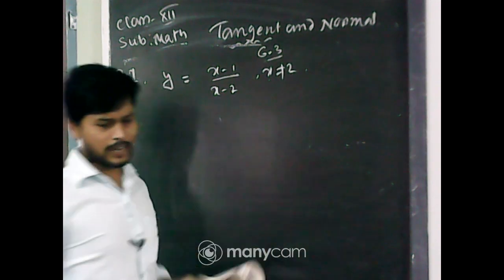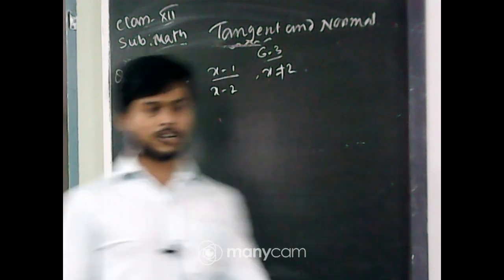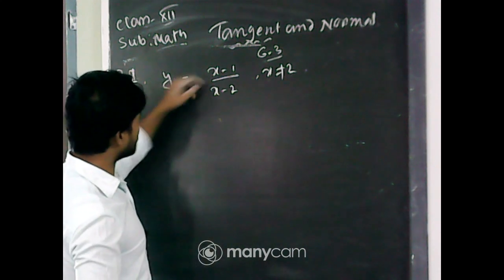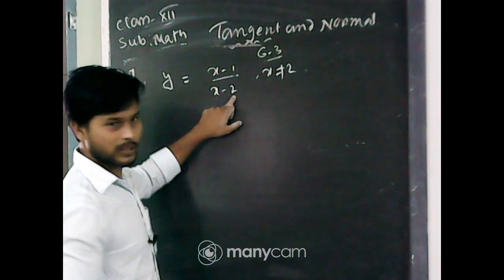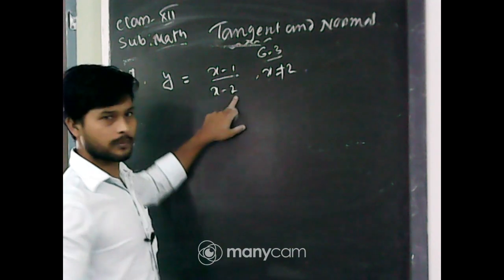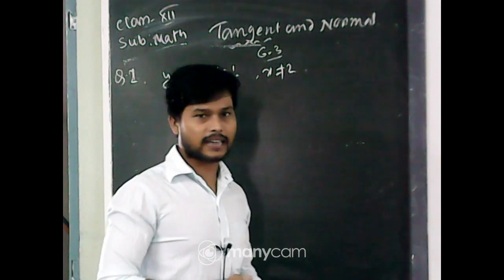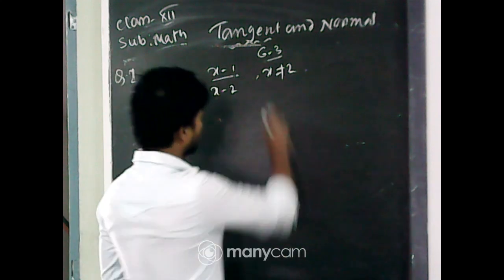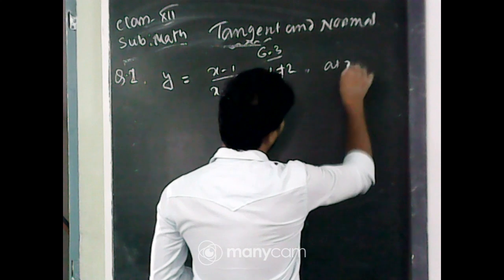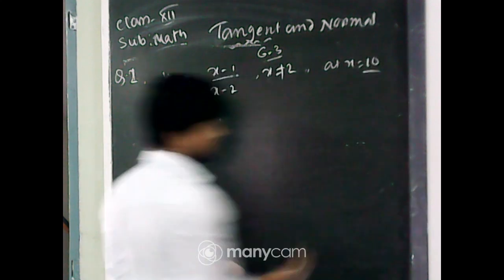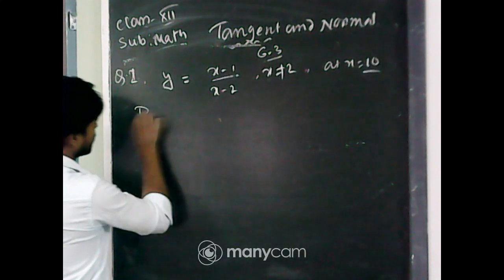Why? Because if x equal to 2, then the value of the curve is 2 minus 1 by 2 minus 2, that is the denominator will be 0, meaning the curve is undefined at x equal to 2. So we have to find the slope of the tangent at x equal to 10. Do the same thing, differentiate it.